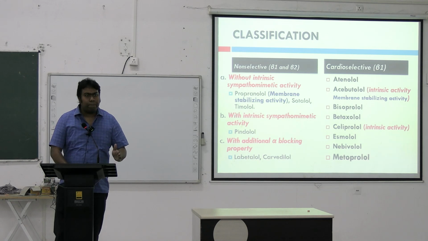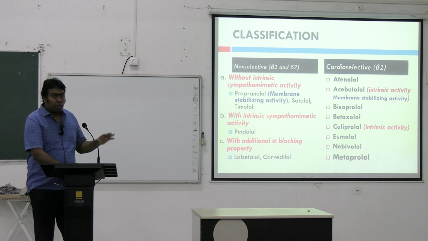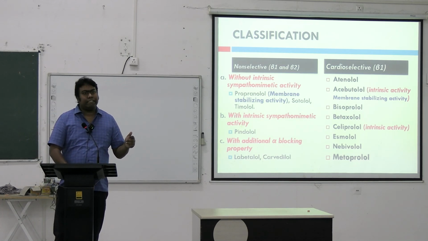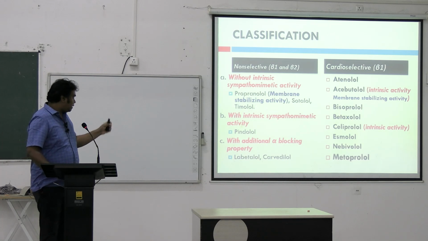Beta 2 is present in the smooth muscles of the tracheobronchial tree, vessels, genitourinary tract, uterus, and GIT. Smooth muscles: beta 2 is present in the smooth muscle. Beta 1 is present in either the heart or the JG cell of the kidney.